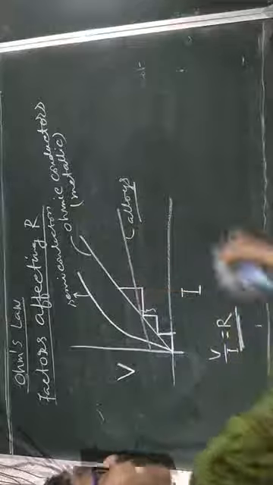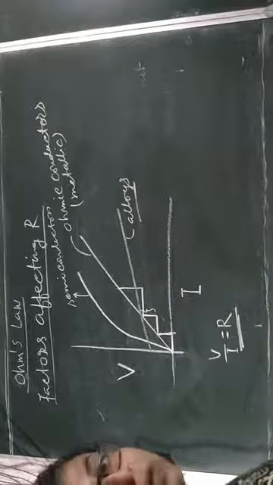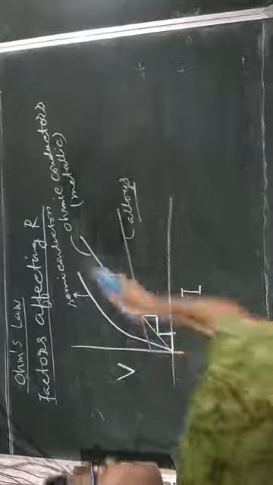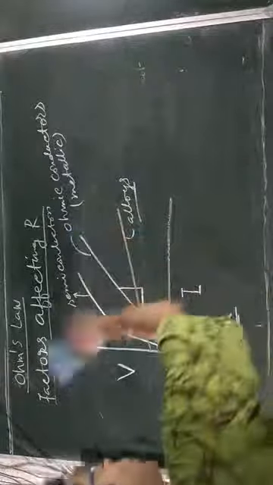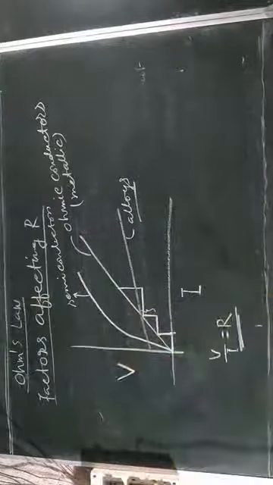In varying temperature, they behave peculiarly. But these metallic conductors are called ohmic conductors because they strictly follow Ohm's law. Their resistance always remains constant. This is the topic, how temperature affects resistance.